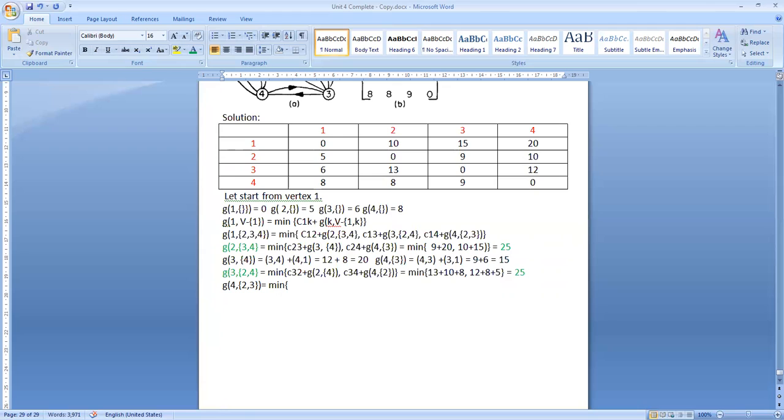Suppose from vertex 4 I go to the vertex 2. Then from vertex 2 I have to visit the remaining vertex 3, comma, or from vertex 4 I can go to the vertex 3.